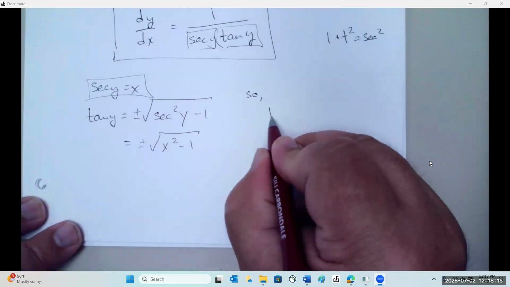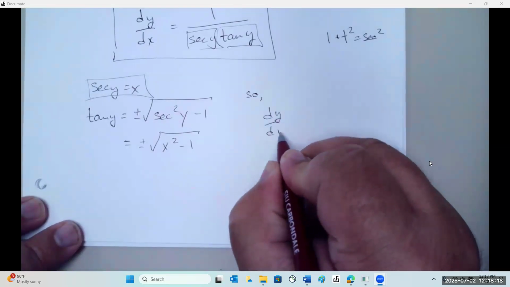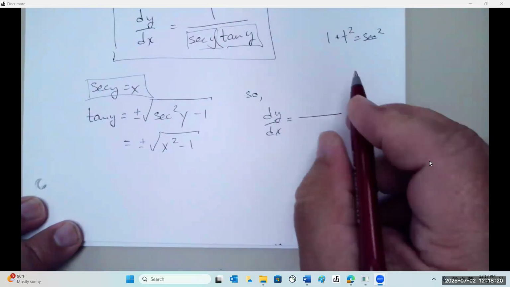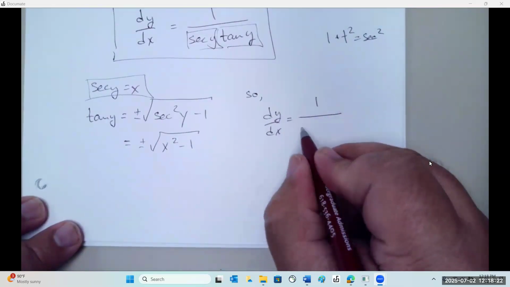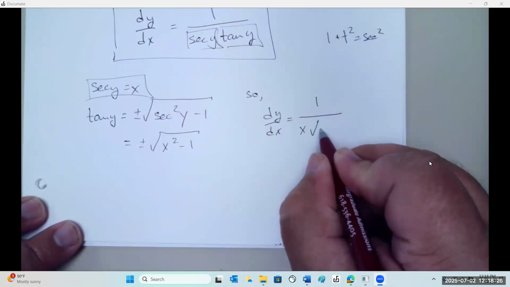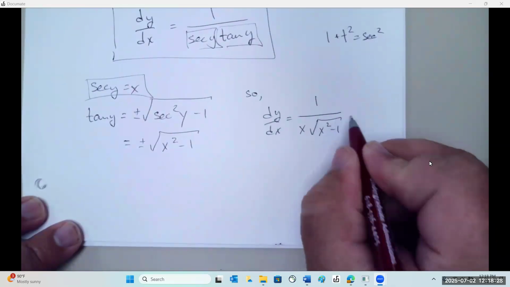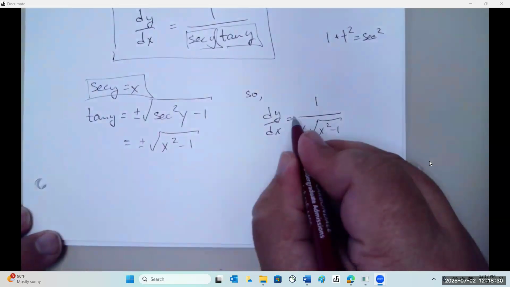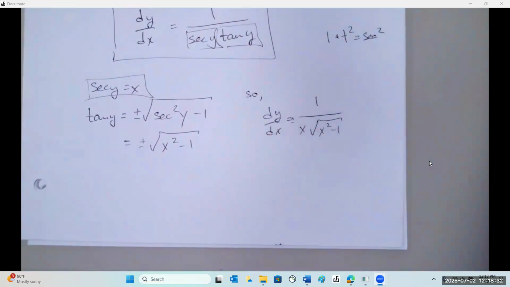So the derivative is equal to 1 over x square root of x squared minus 1, plus or minus, which is what our formula sheet tells us.